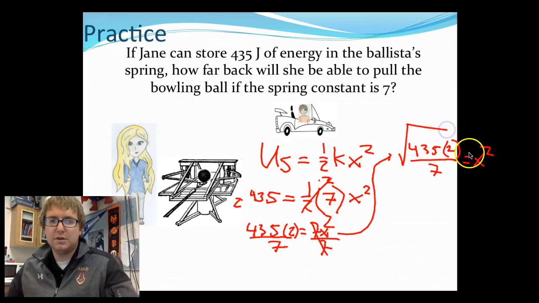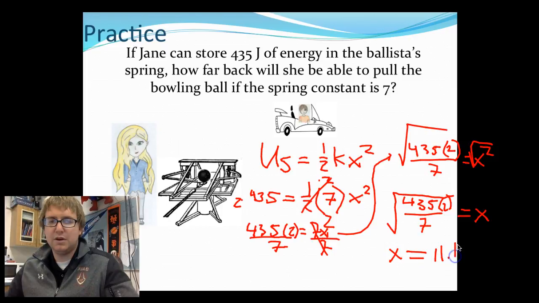Now we take the square root of both sides. The square root of 435 times 2 divided by 7 equals x. And x comes out to be 11.14 meters. In other words, Jane's ballista, or her little bowling ball, should be able to be pulled back 11.14 meters.